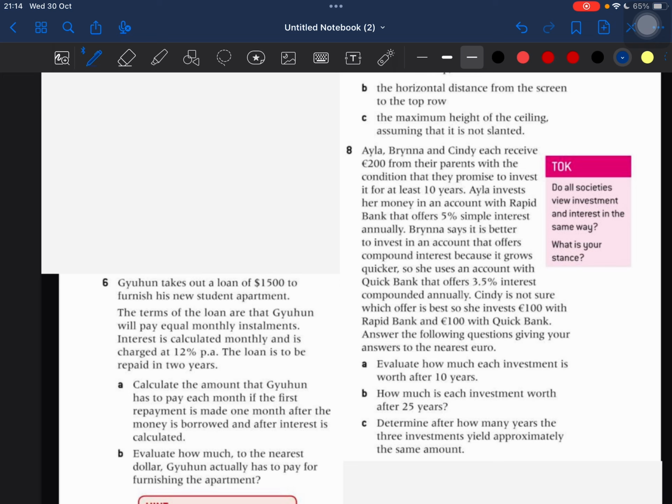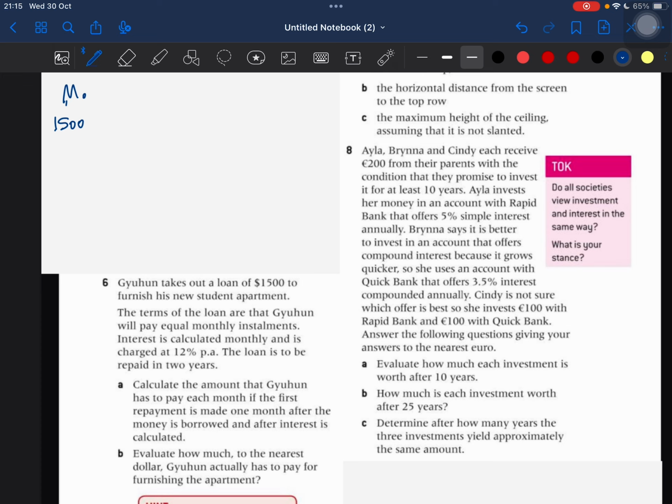The loan is to be repaid in 2 years. What amount does Kyuhun have to pay each month if the first repayment is made 1 month after the money is borrowed, after interest is calculated? Okay, so at month 0, he had $1,500 as a loan.